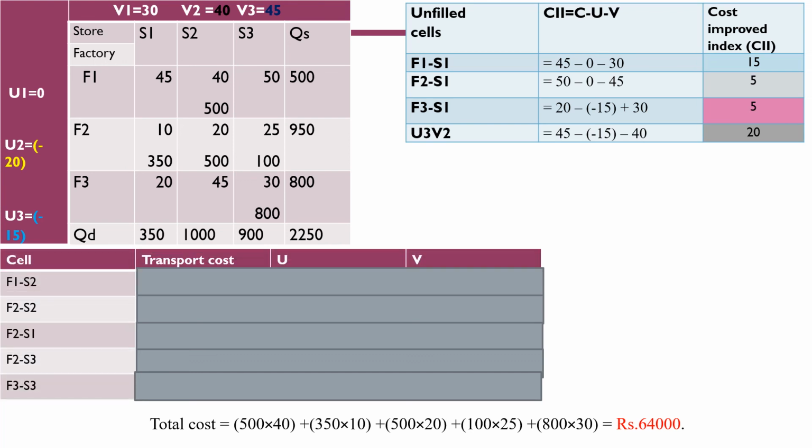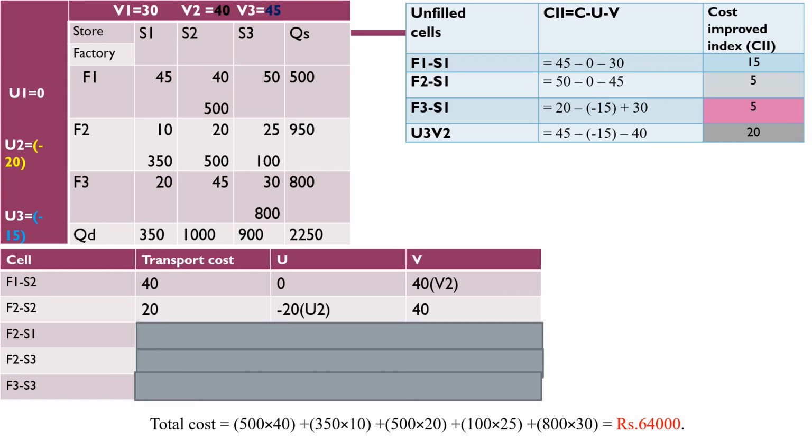Here, the first cell, F1 S1, represents 45 as transport cost. This is the column plus row value. Since the row is 0, the column should be as what? It should be 40. Then in the next one, F2 S2, the transportation cost is 10.